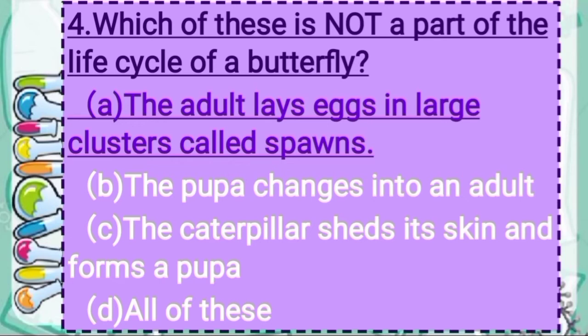Answer is option A. The adult lays eggs in large clusters called spawns, which is a part of life cycle of frog. So answer is option A. The adult lays eggs in large clusters called spawns is not a part of the life cycle of butterfly.